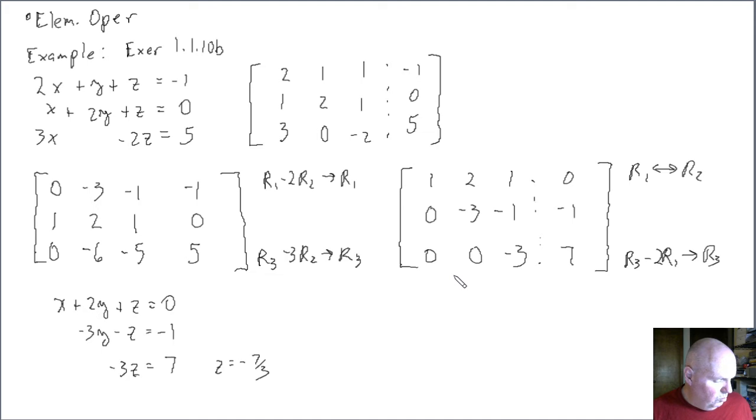I'm going to do a little more work with it though, and try and reduce the coefficient matrix into just a diagonal matrix with just elements along the diagonal.